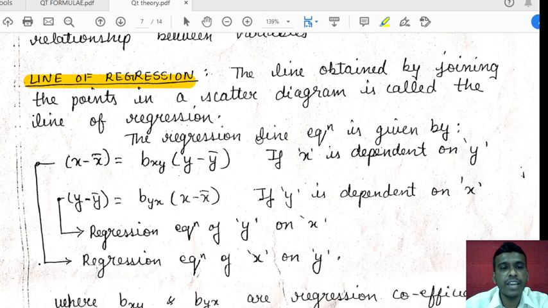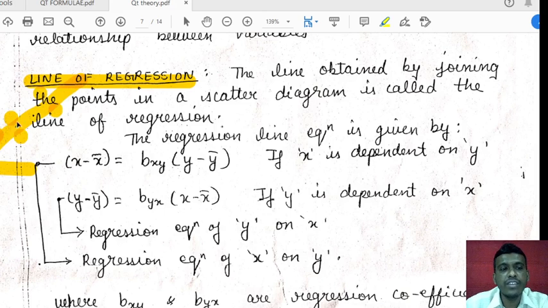So what is this line of regression? The line obtained by joining the points in a scatter diagram is known as the line of regression. We have seen the scatter diagram in my previous video lecture when we were studying correlation. We have scatter points at various locations, then we draw a line which fits well.